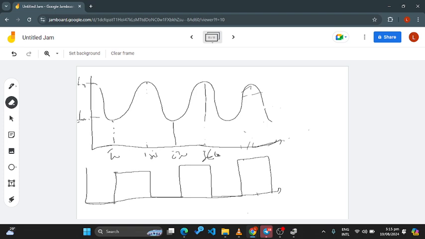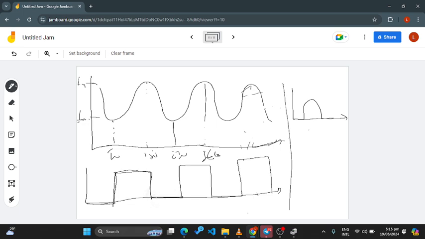Okay, so I want to draw this one over here. If I have the torque this way, the torque is going to be 0 when the current is 0. At this point where you have current, the torque is going to vary sinusoidally. So you are going to have something like this. Then it will remain 0 here.